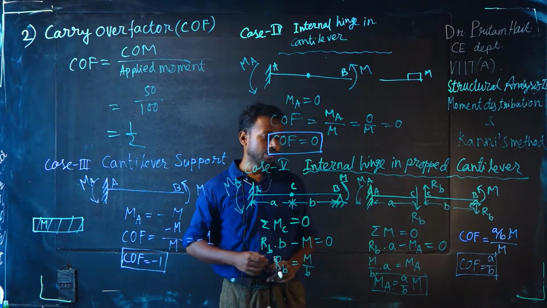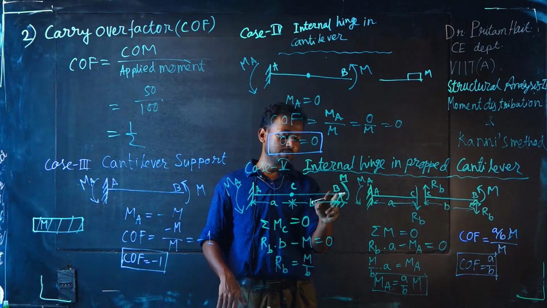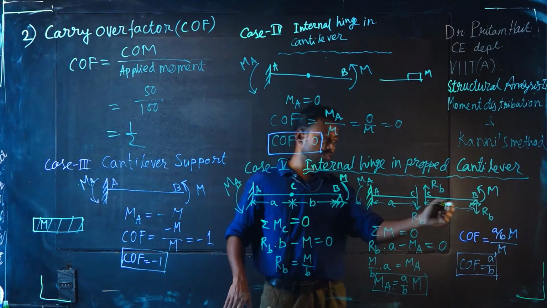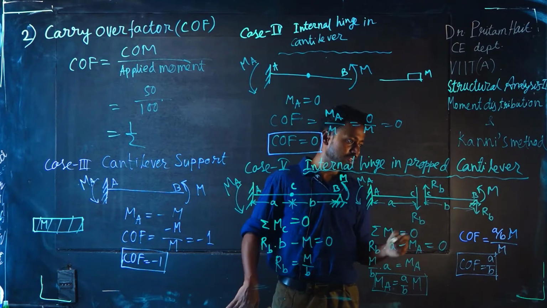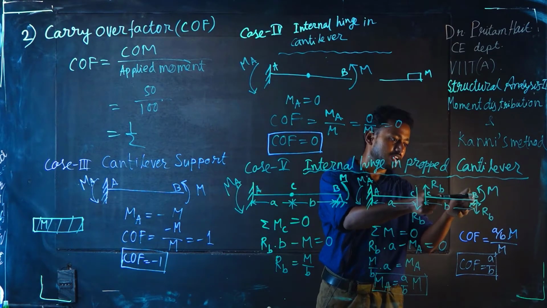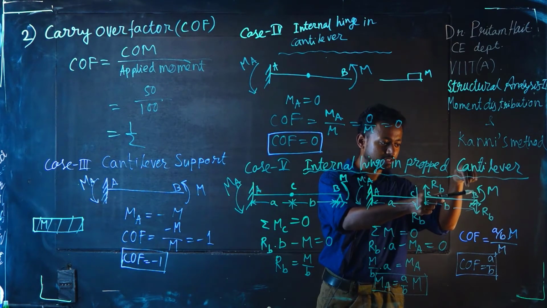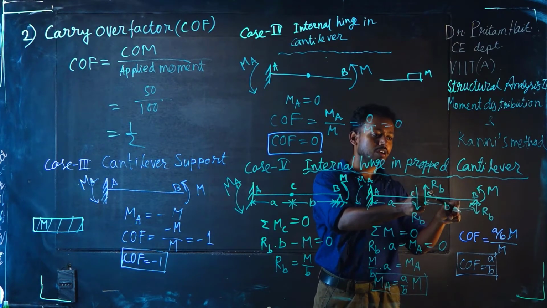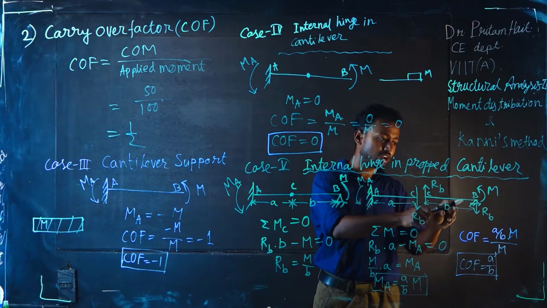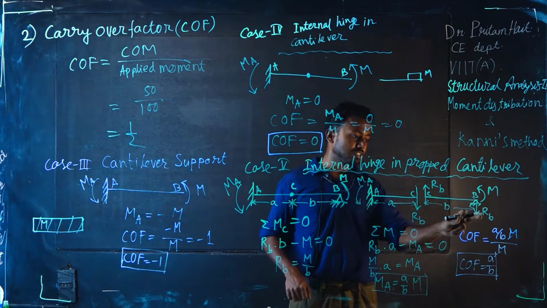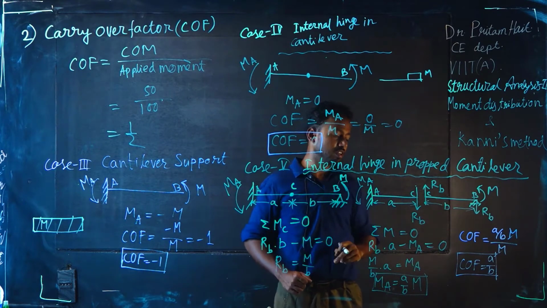Now if you apply the moment M at point B, the reaction RB will be in the downward direction. The moment is applied in the anti-clockwise direction, so to counteract this anti-clockwise moment, you have to apply some downward force. That downward force will make a clockwise moment that will counteract this M. So this RB should be in the downward direction.